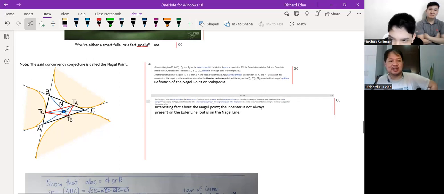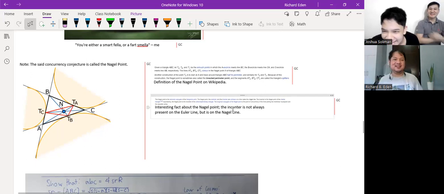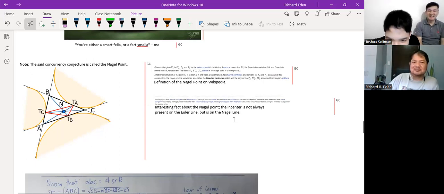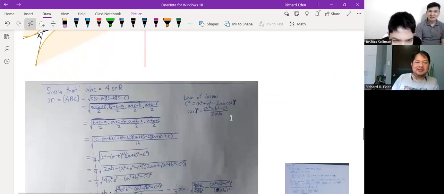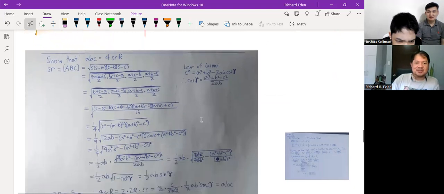I don't know how this is pronounced, parang bagel. So the product of the three sides equals 4 times the product of these three special dimensions. They started with SR, which is the area of the triangle ABC.